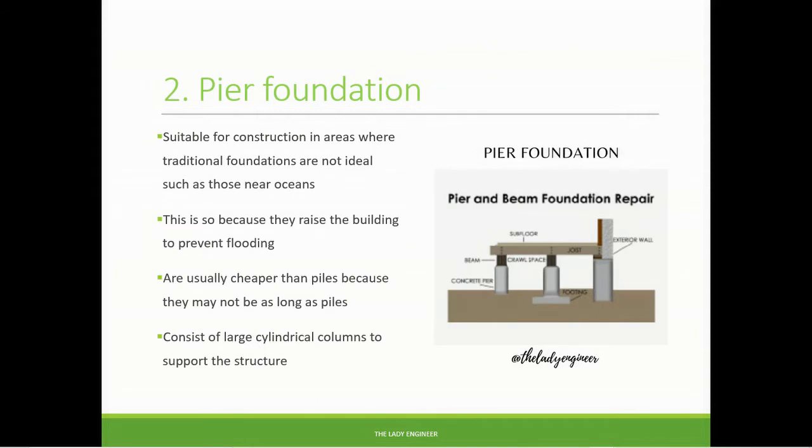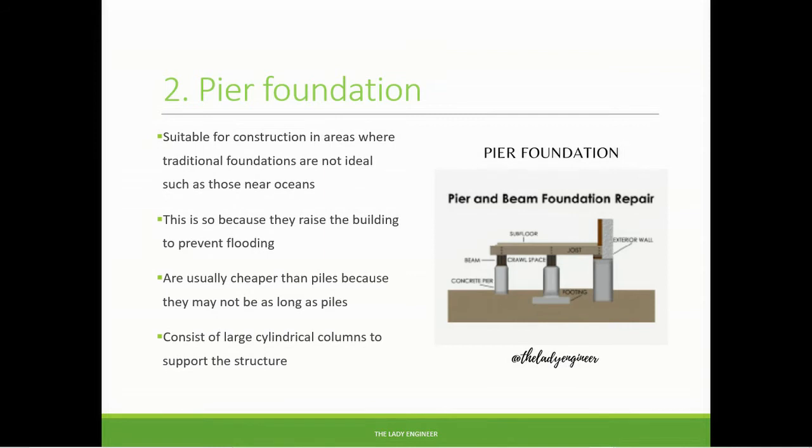The second type of deep foundation is the pier foundation, as shown in the picture, suitable for construction in areas where traditional foundations are not ideal, such as those near oceans and where we have too many roots from trees. It is suitable for these types of areas because the pier foundation raises the building to prevent flooding.